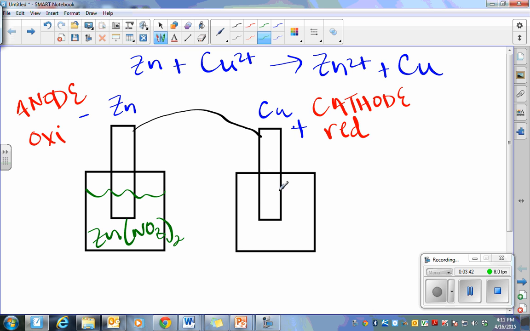All right, so we can say over here, copper nitrate. Just make sure that whatever solution you choose will generate Cu2+, and whatever solution you use over here will generate Zn2+.